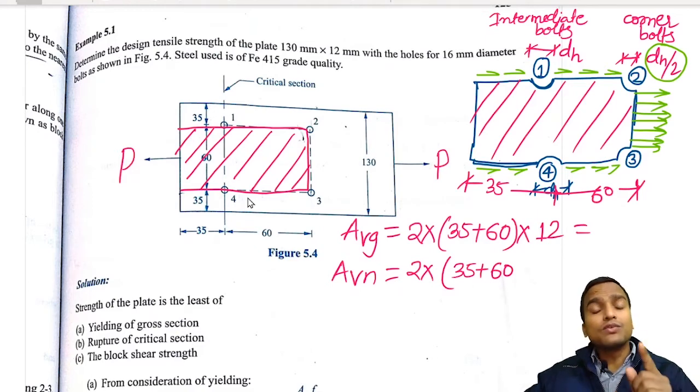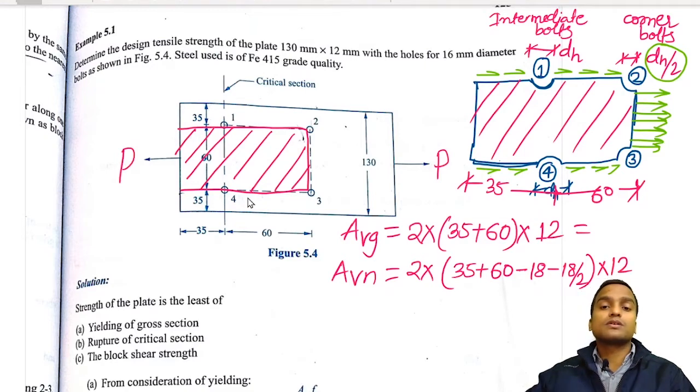There is only one intermediate bolt hole in each of the shear planes, so I will reduce here by 18, and then there is one corner bolt in each shear plane, so I will reduce here 18 by 2. And this we have to multiply by the thickness of the plate. So this is also very easy to understand.